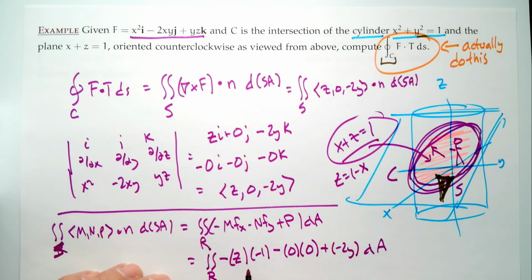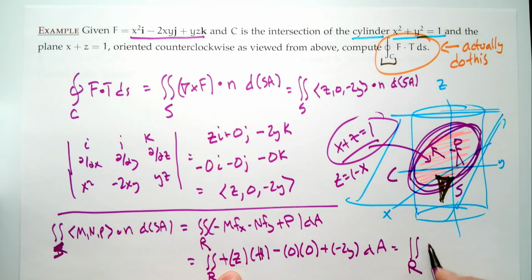But z we can replace by 1 minus x. Wow, there's a lot of minuses here. This is getting really messy. But it's all there. So you get 1 minus x minus 2y.